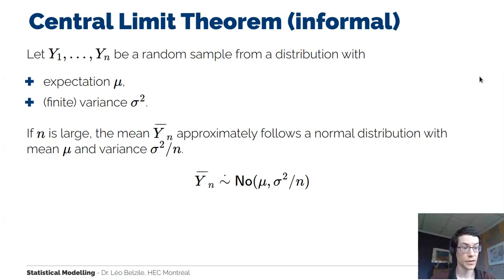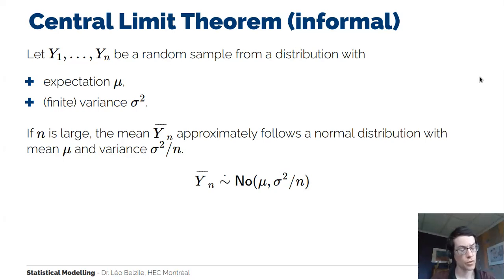And how is it going to differ relative to that single observation? Well, it's going to be scaled by a factor n. So the variance of the mean is sigma square over n.